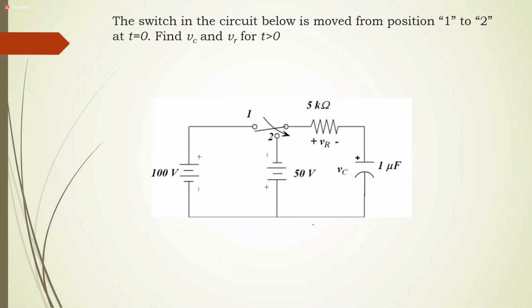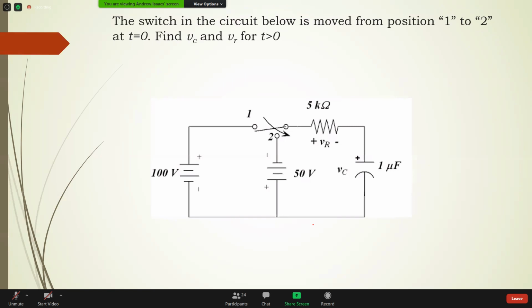First thing, it's not clearly stated here, but let's assume that it's in position 1 for a long time, which means therefore that the capacitor would be fully charged. Now, if a capacitor is fully charged, what will be the voltage across it?